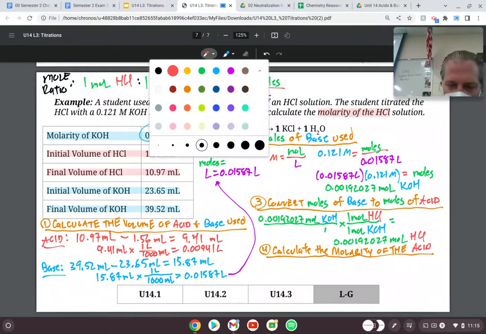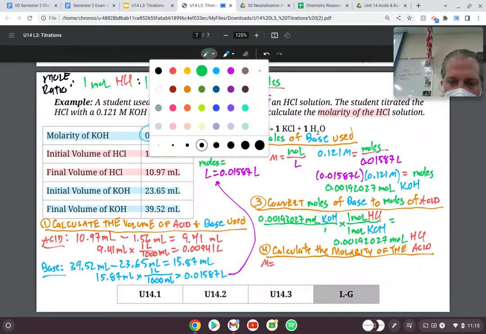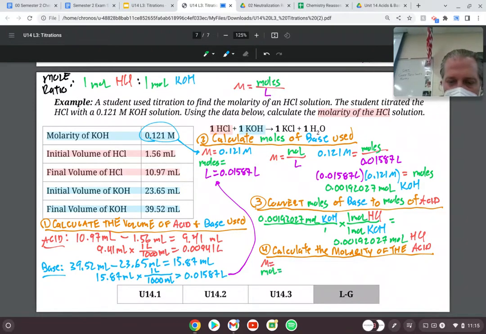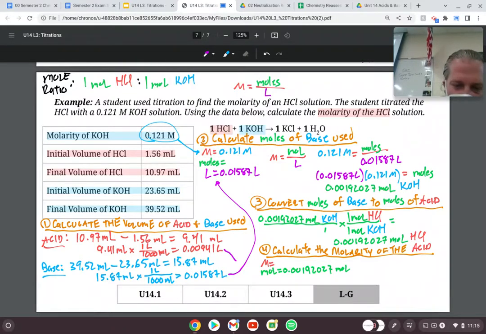So I'm going to identify my variables. So molarity, we don't know. Moles, we just calculated. And the volume, right, this time I'm going to use the volume from my original calculation, which is 0.00941 liters.